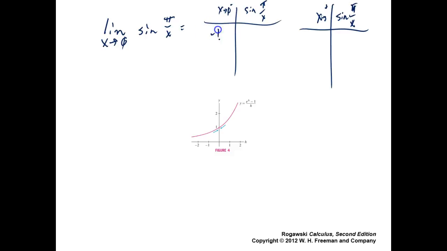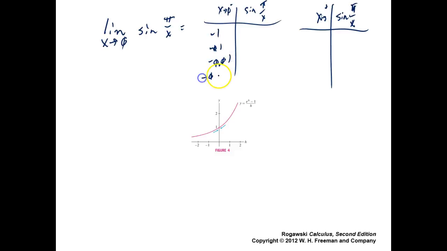Negative 1? Okay, you're getting further from 0. Let's get closer to 0. Okay, we start at -1. What would be another one? Negative point what? This is 0.1. Okay, negative 0.01.